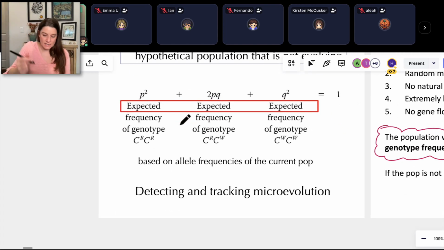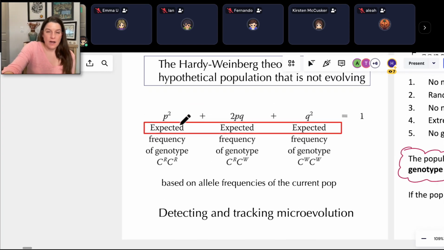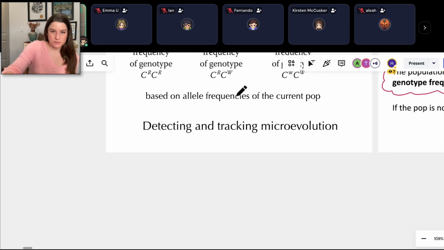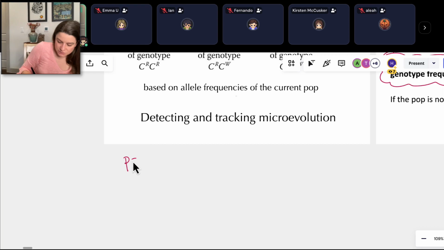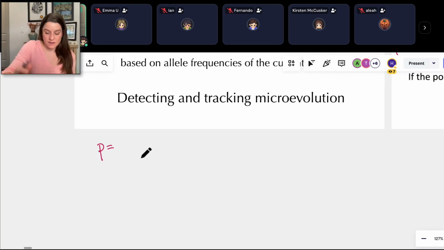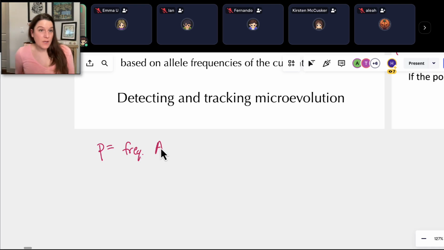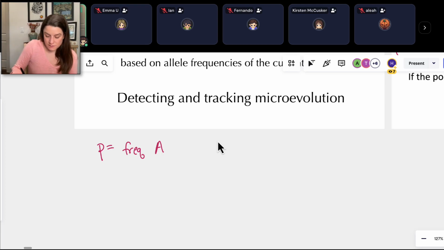All this is meaning is that, just to remind you, p is what we use to mean the frequency of the dominant allele, assuming there's dominant and recessive. If there's codominance and stuff, then you just pick which allele it is. But generally P equals the frequency of the dominant allele, and Q equals the frequency of the recessive allele.